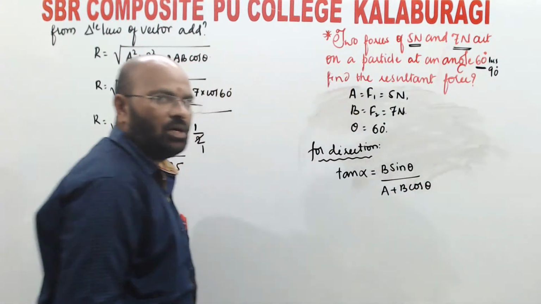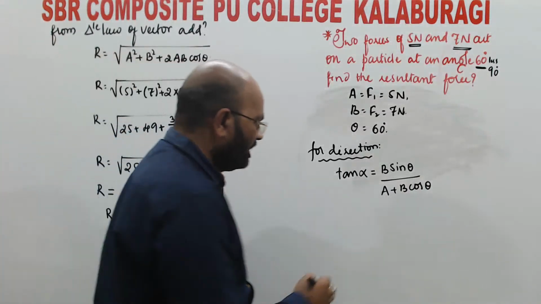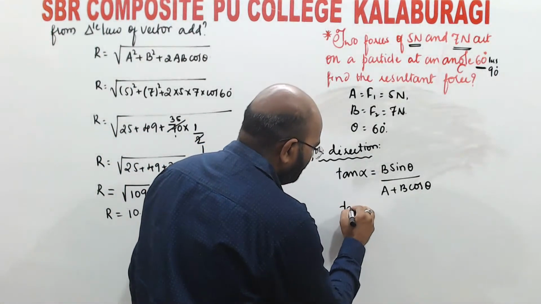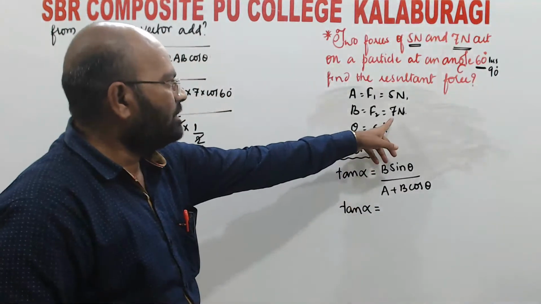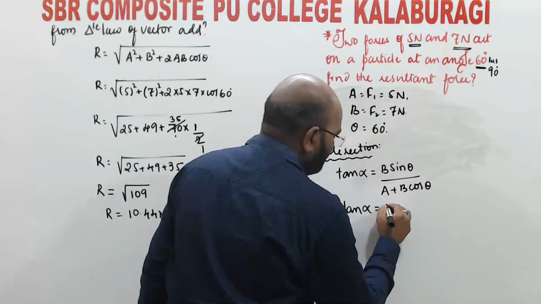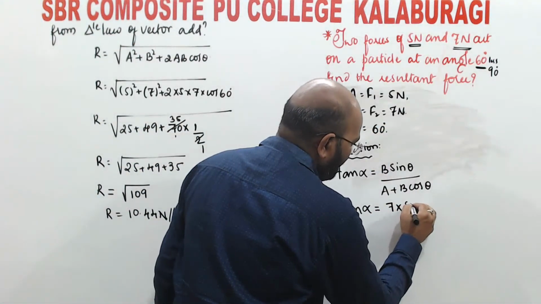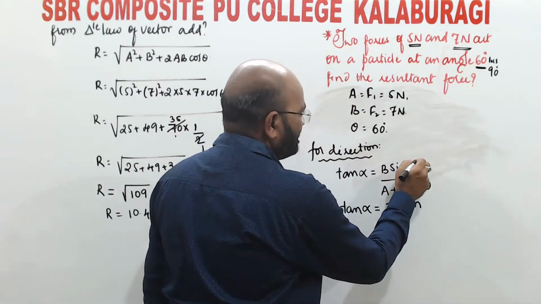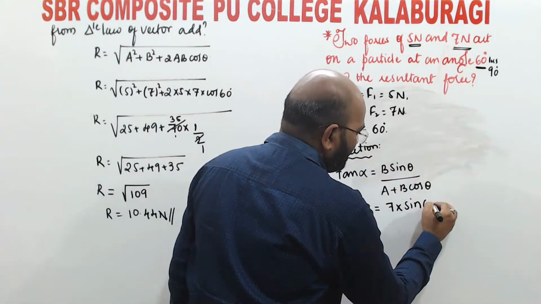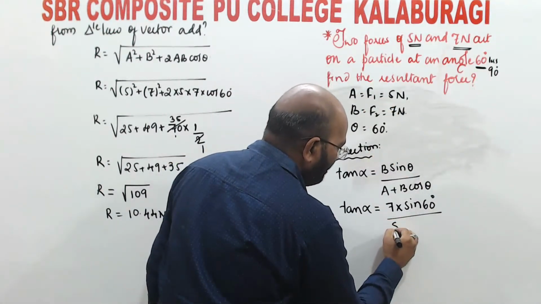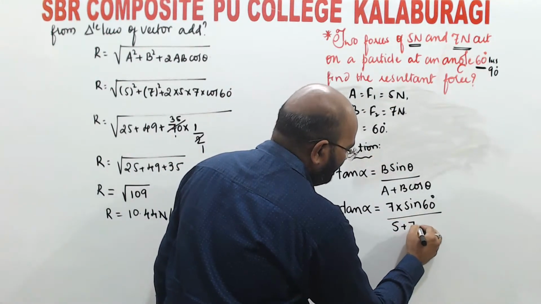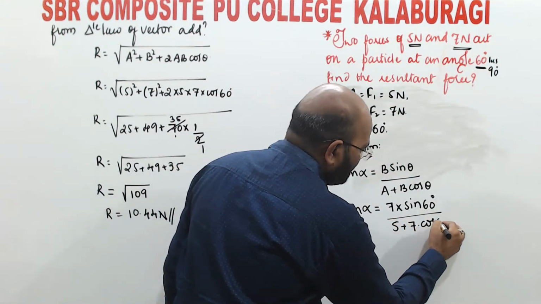Using this relation, tan alpha is equal to, B value is given. How much is the B value? We have 7. So 7 into sine of theta, which is 60 degrees, divided by A, which is 5 Newton. 5 plus 7 into cos of 60 degrees.